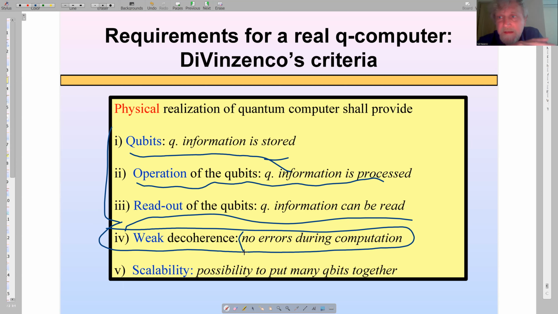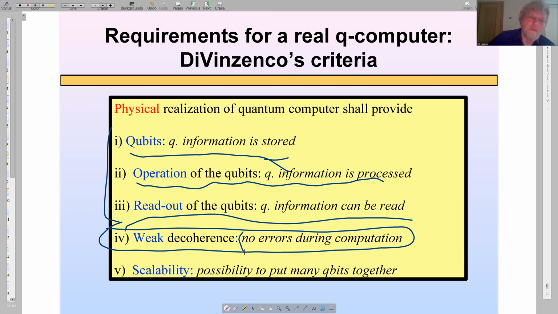One needs to keep it only during the computation. After you read the information, it doesn't matter if decoherence has taken place. That appears to be the most challenging criterion to fulfill, and most quantum technologies combat decoherence.